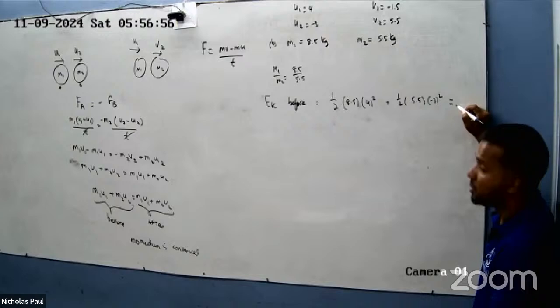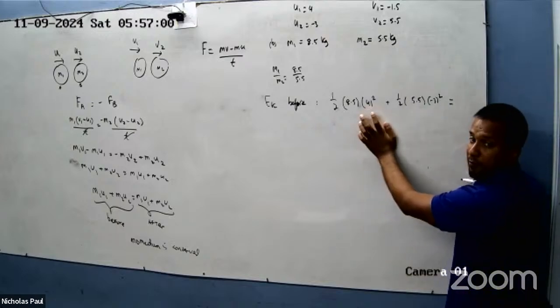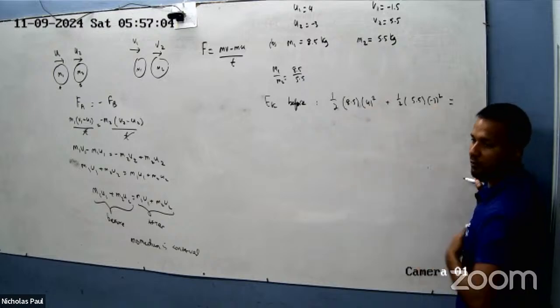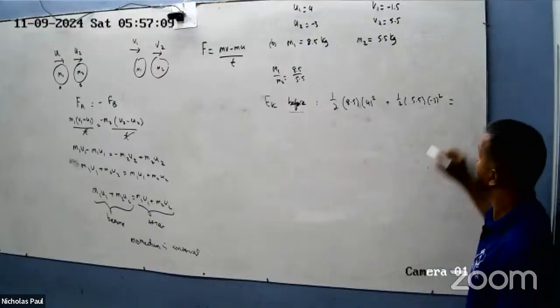Right, this is U. That's the speed before collision of M1, and that's the speed before collision of M2, because they asked us to work out the kinetic energy before. How much is this here?